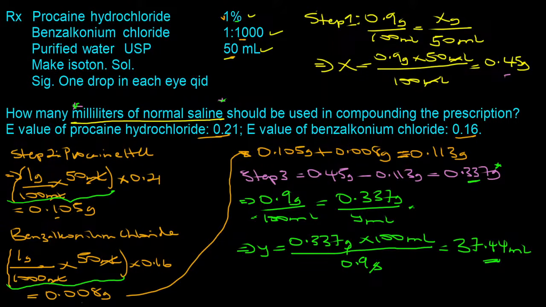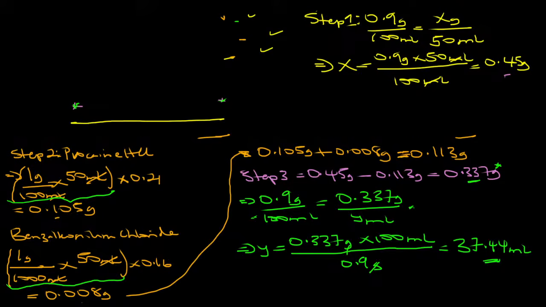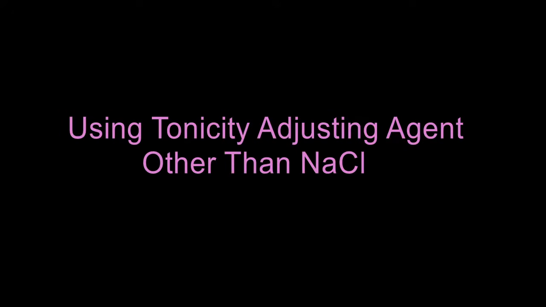Now let's look at the sixth type that you're also potentially likely to see when it comes to adjusting tonicity using the sodium chloride equivalent method. That is a situation where you have to use some other adjusting agent aside from sodium chloride.